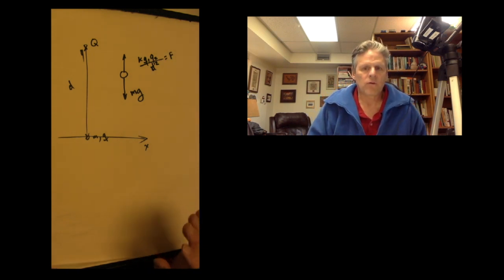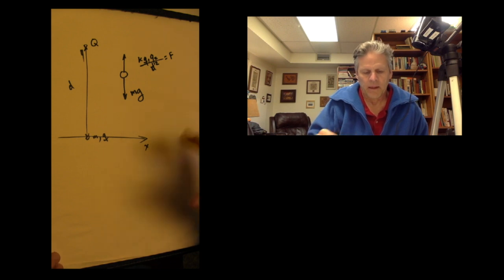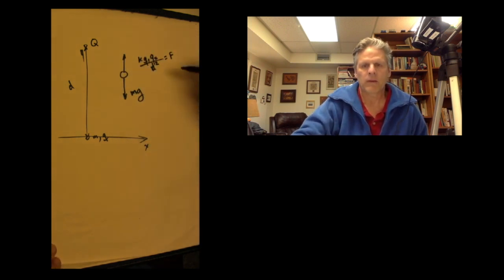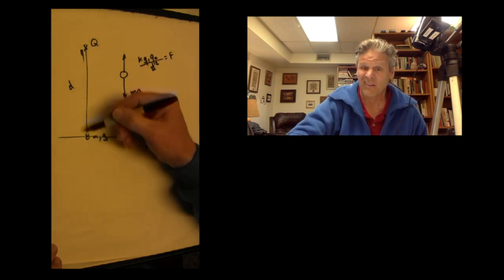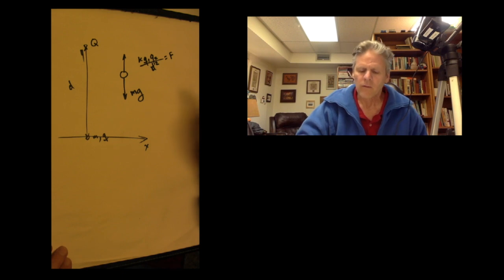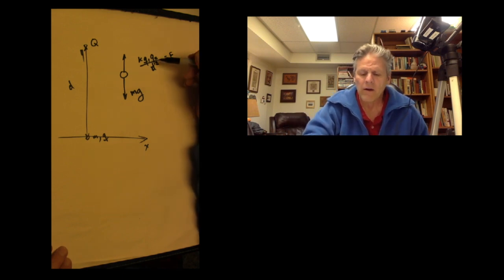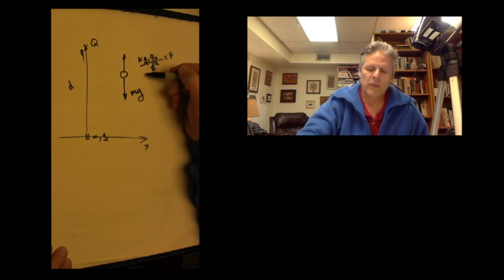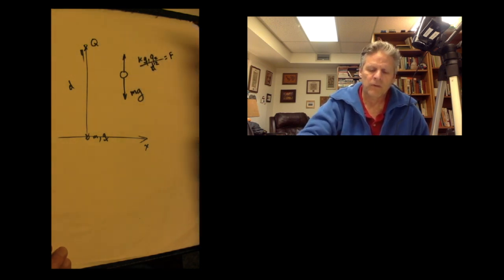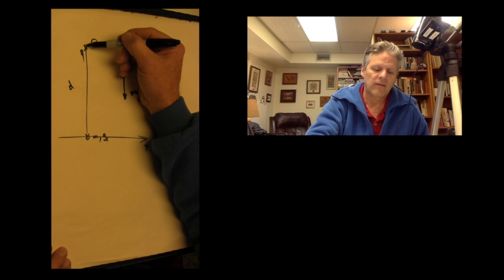You do need to be certain to think about this because we're playing a little bit casual with all the signs. We aren't really worried about putting the vector signs because everything is in one dimension. So when it's in one dimension, it doesn't matter that much. So you do need to be aware that in order for this to be an upwards force, remember F21 is this distance here, 1, 2.